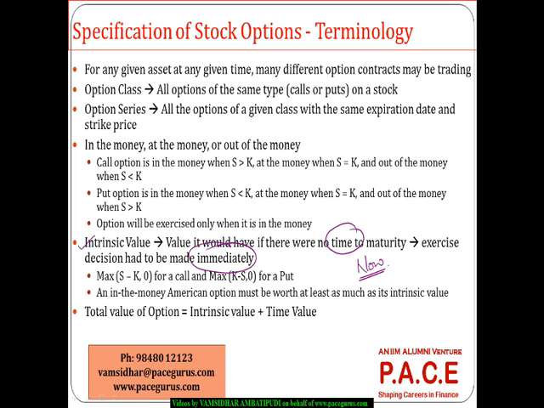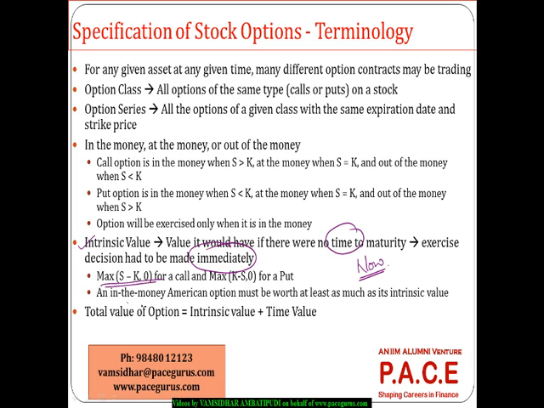That is what we call the intrinsic value. Easily put, it's the current price minus the strike price, or zero, for a call. For a put, it's the strike price minus the current market price, or zero, whichever is the maximum.